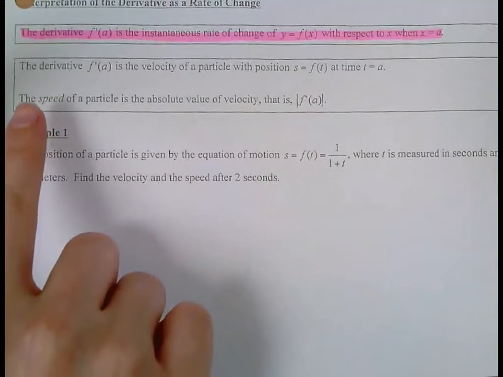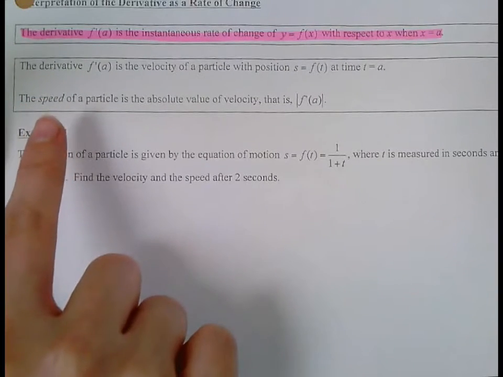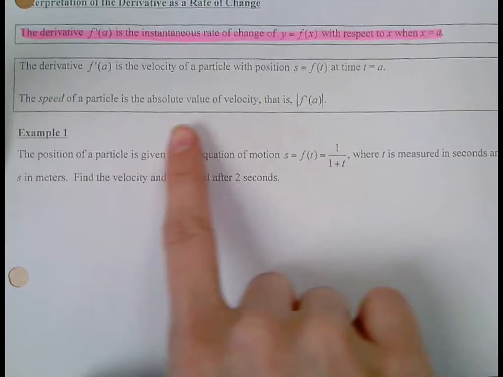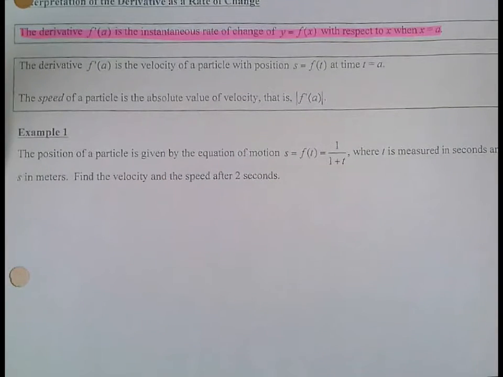And then we also have a definition of the speed of a particle. So velocity not only gives you how fast, but it shows you the direction. It'll be positive or negative. Speed is the absolute value of velocity. Speed has to be positive. So the speed of a particle is the absolute value of velocity, so the absolute value of the derivative.